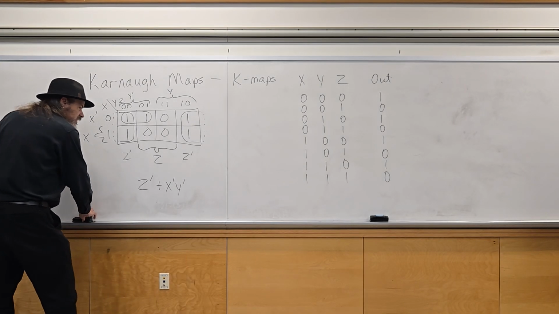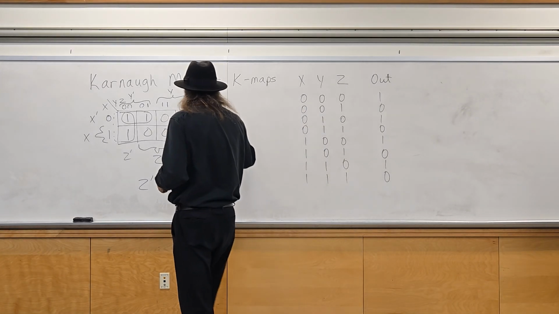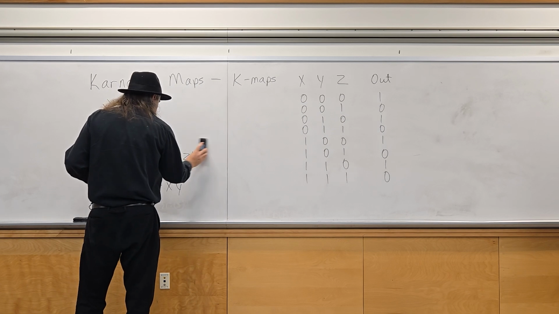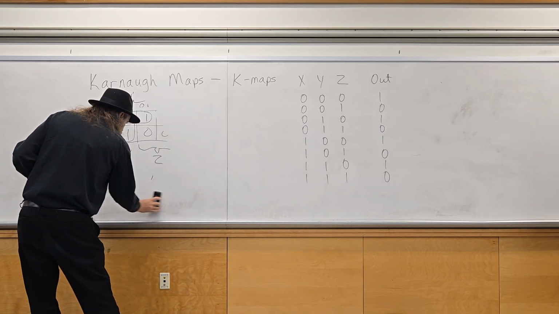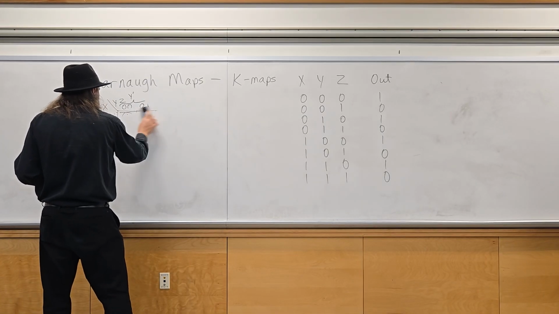Now we'll go on to a 4 variable K-map, which has its own little quirks to it.